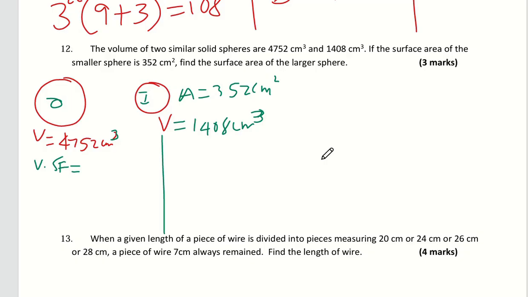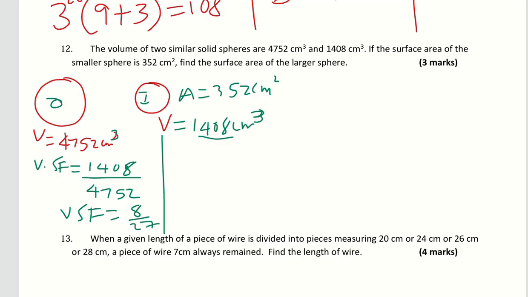So it will be the volume, which is 1,408 divided by 4,752. If you do the maths, 1408 divided by 4752 should give you 8 all over 27. So the volume scale factor is equal to, I advise to use it as a fraction, 8 all over 27.